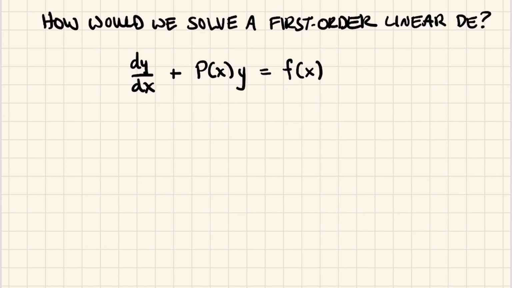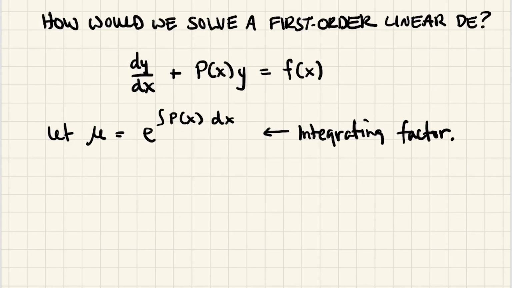So what we need to introduce to make that work is something called an integrating factor. So we're going to let mu be equal to e to the antiderivative of p of x. And this is called an integrating factor. So why do we do that?